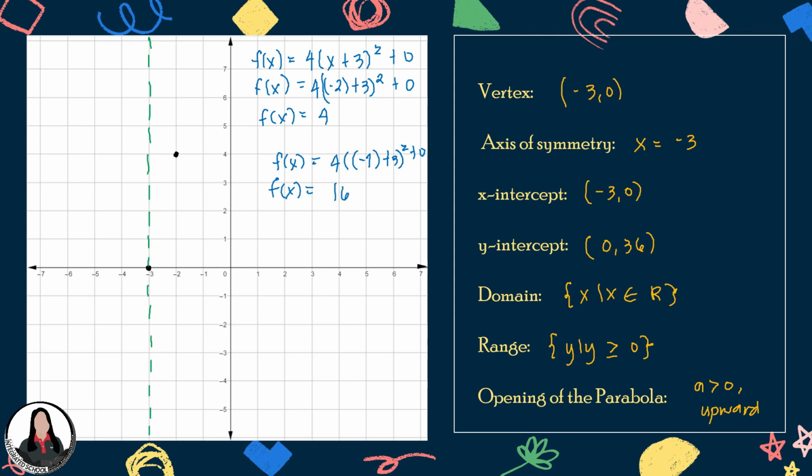Okay, so medyo mataas na or malayo na. I have here another point na nasa taas naman. So, tandaan ninyo that the parabola is a mirror image, right? So, ibig sabihin, ang katapat nitong negative 2, 4 ay negative 4, 4. So, from this, pwede na tayong mag-trace ng ating rough estimation ng parabola.